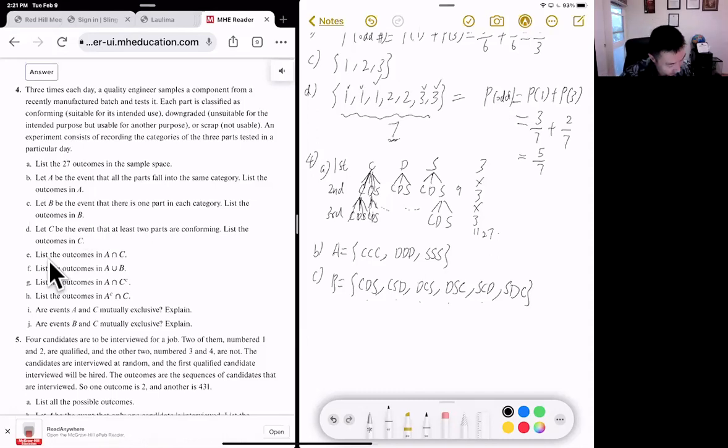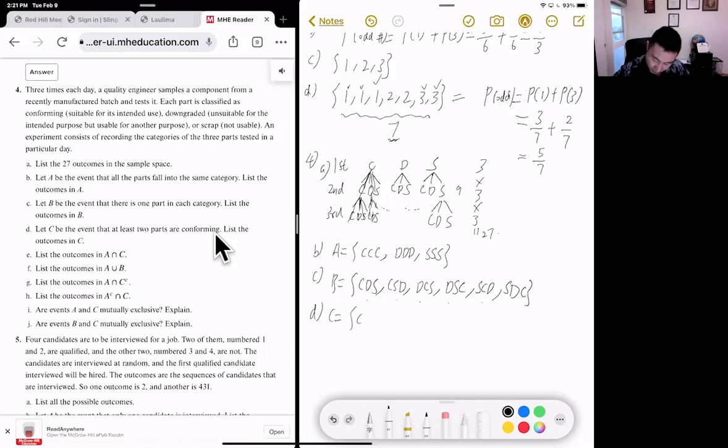Then part D. C is the event that at least two parts are conforming. So it could be 2 conforming or 3 conforming. Let's again do the counting.